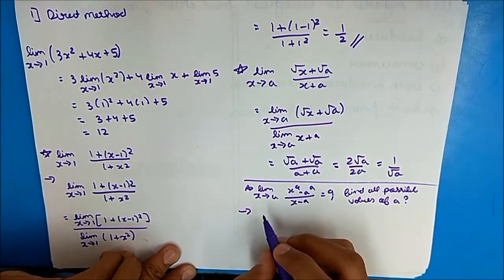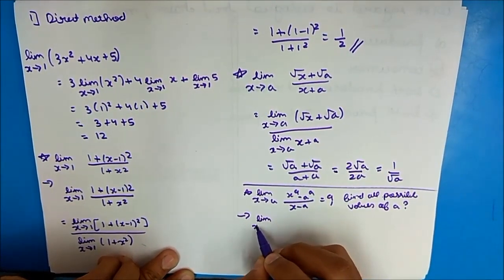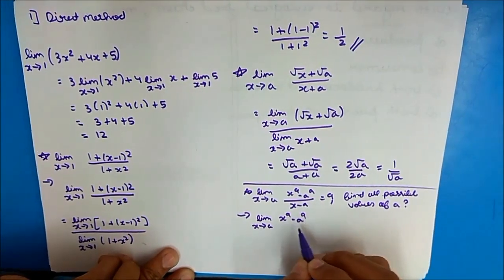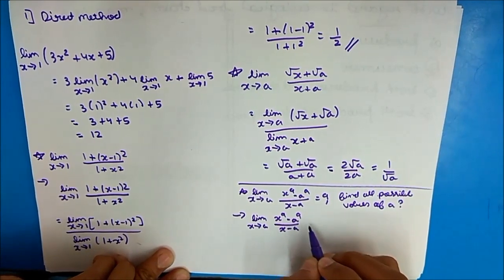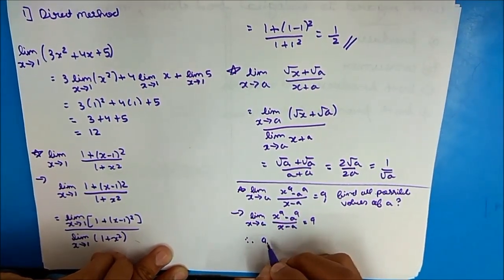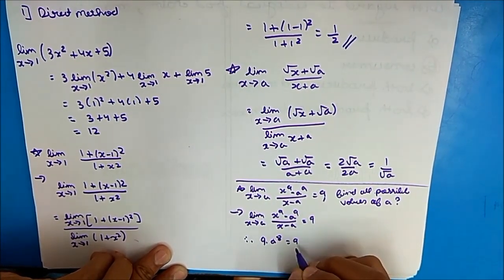The solution would be limit x tends to a, x to the power 9 minus a to the power 9 upon x minus a is equal to 9. Therefore 9 into a to the power 8 is equal to 9.